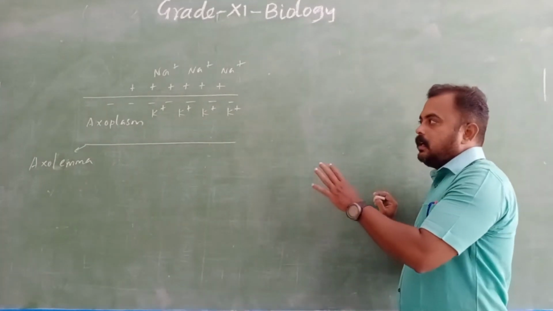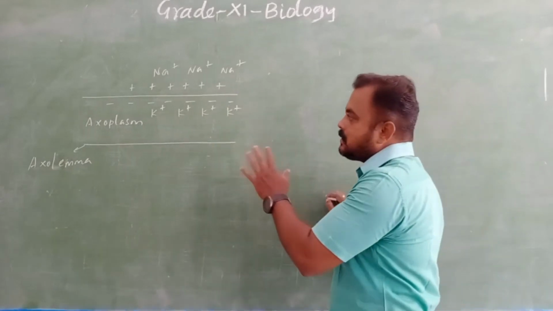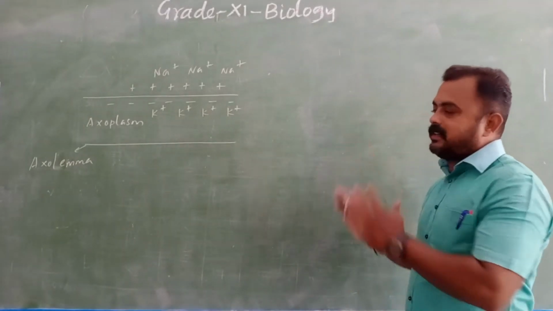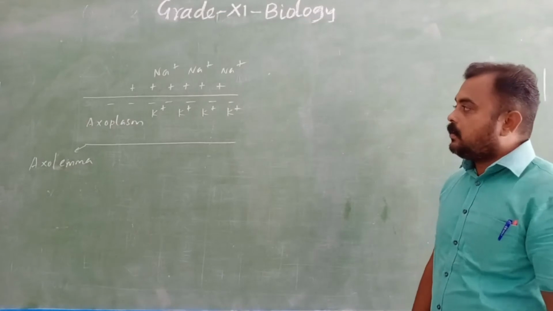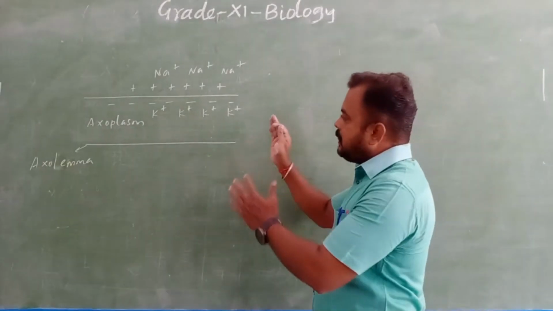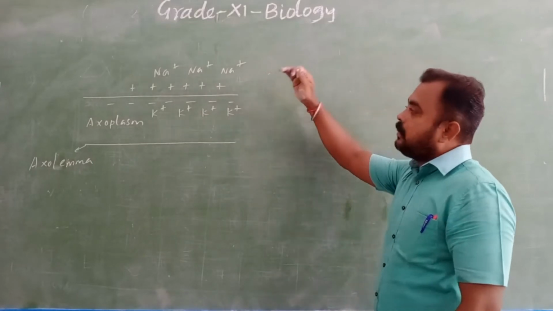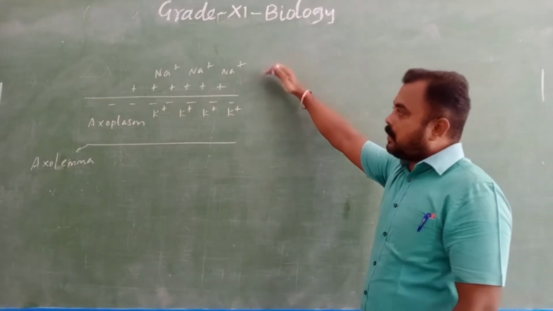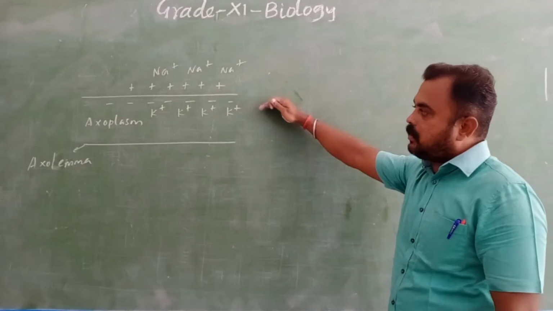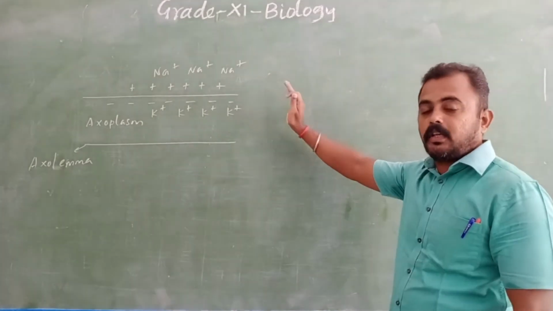That stage is called polarized. The potassium ion is inside and the sodium ion outside, so outside is positively charged and inside is negatively charged. This stage is known as polarized.